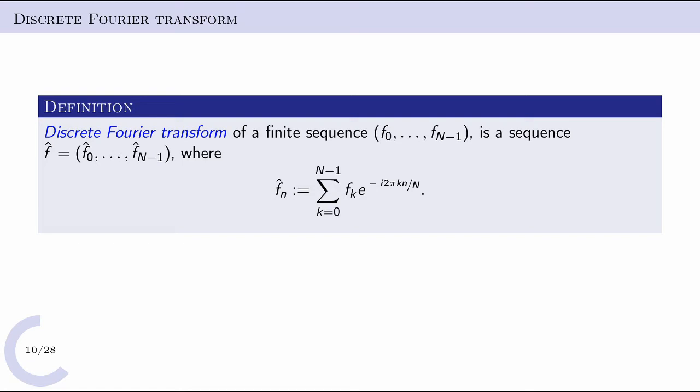As a result, the result is no longer a function, it's again a discrete, a finite sequence. And so the integral was replaced by a sum, the value of a function and the value of a transform is replaced by a given coefficient, given entry of a sequence.